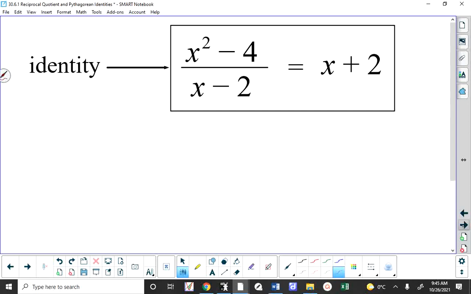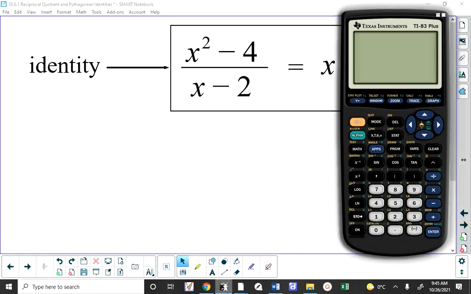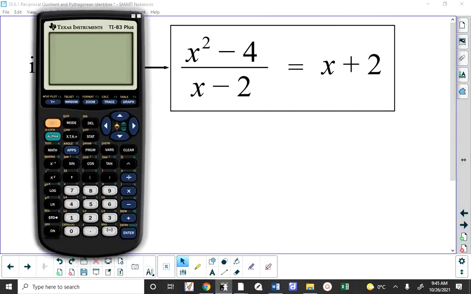All we're going to do is set the calculator up for success by putting in for y1 x squared minus 4 over x minus 2. Now look very carefully at how I entered that. I do need brackets around the x squared minus 4.